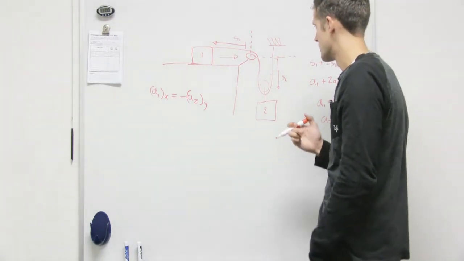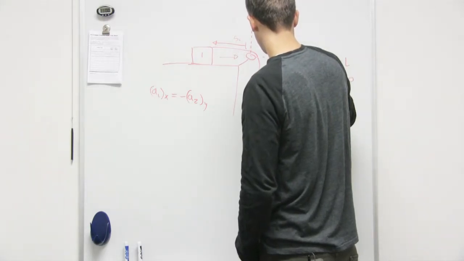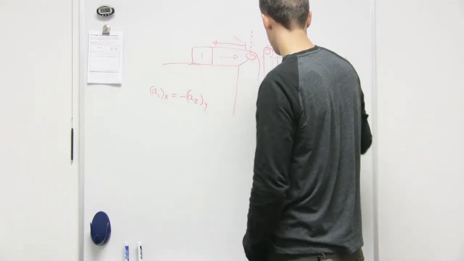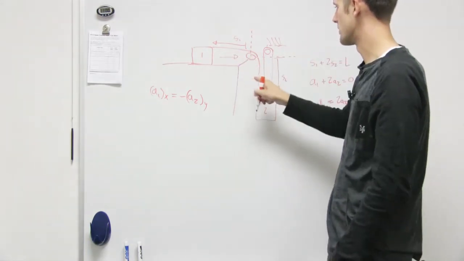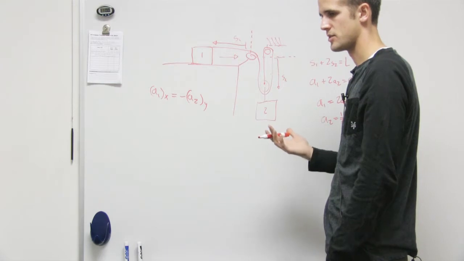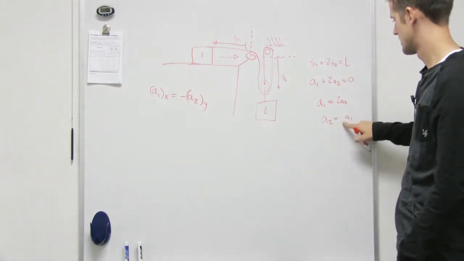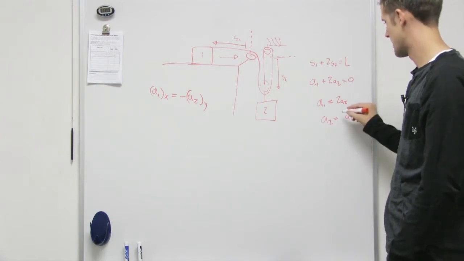Then if this went up around another pulley and back to this pulley, and you take this length and divide it among 3 ropes, what would be the ratio here? 1/3. Yeah.